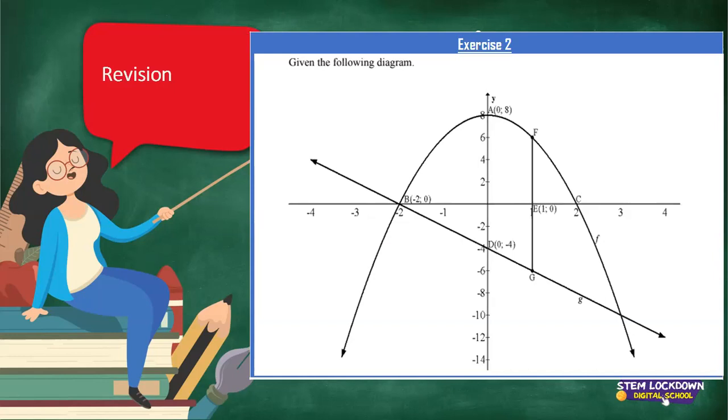Here's your x1, here's your x2. Your two x-intercepts are your x1 and x2. You substitute that into the equation and then use any of the coordinates along the parabola to find the value of your a.